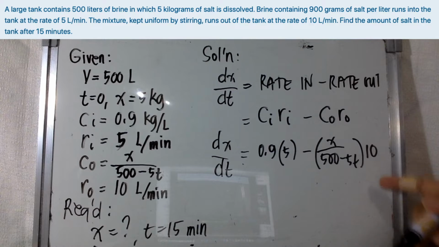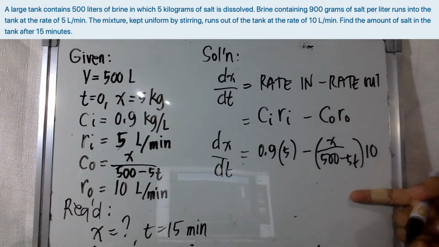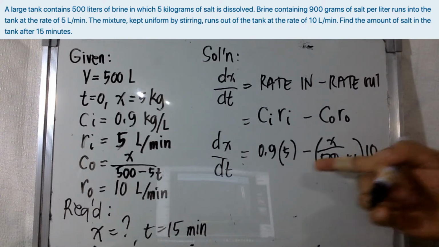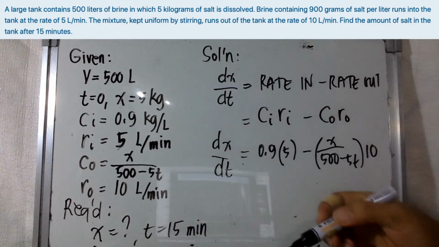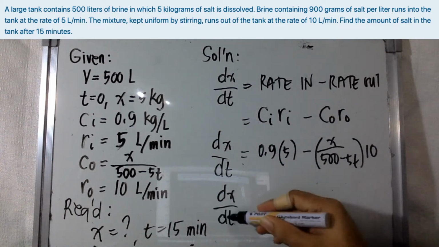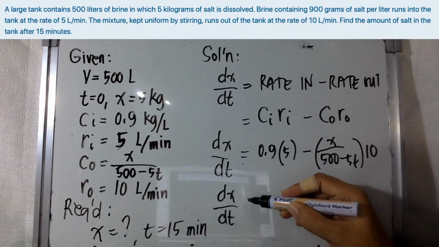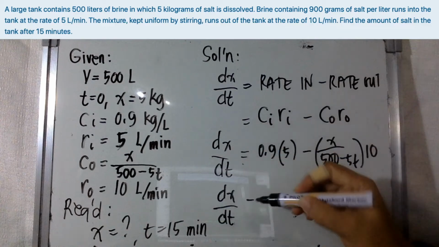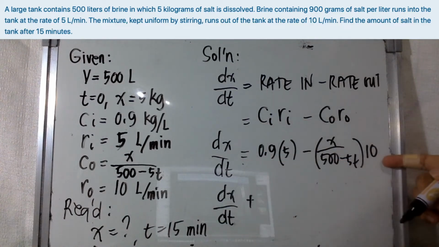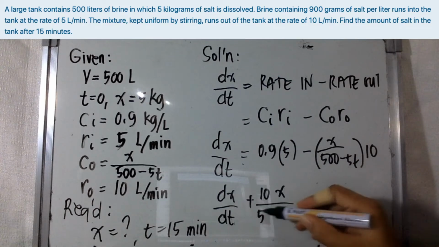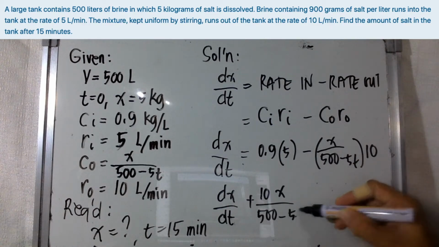Now we are going to arrange this equation. This is a first order differential equation, linear in x. If you transpose this term to the left-hand side, we have dx over dt plus 10x over 500 minus 5t.